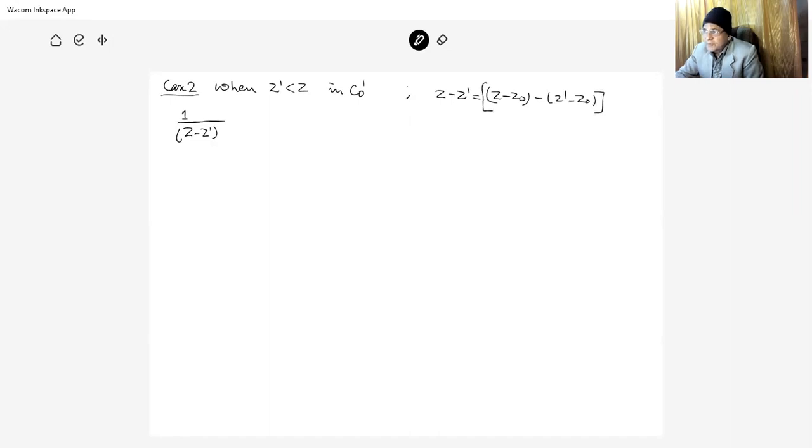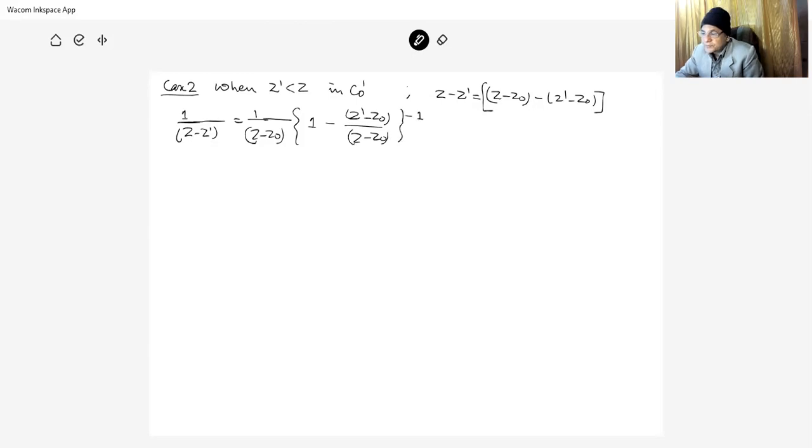So from this case, 1 upon z minus z dash is 1 by z minus z0, taking it out, times 1 minus (z dash minus z0) upon (z minus z0), the whole to the power minus 1.